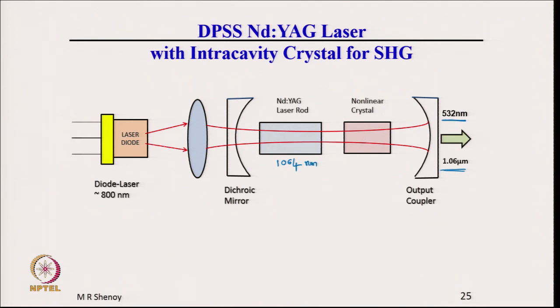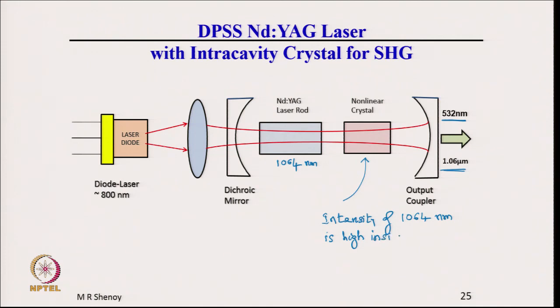As I mentioned, why is the crystal placed inside? The crystal is placed inside because, as we have seen, the efficiency of second harmonic generation is proportional to the intensity of the pump beam, and the intensity of the 1064 nanometer, which is the laser radiation actually, is high inside the cavity.